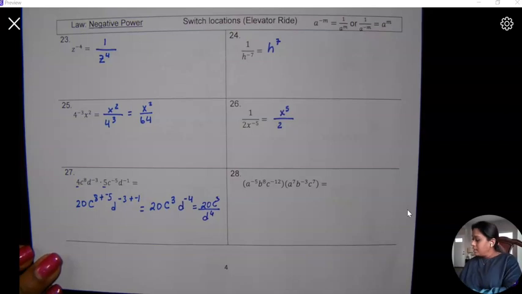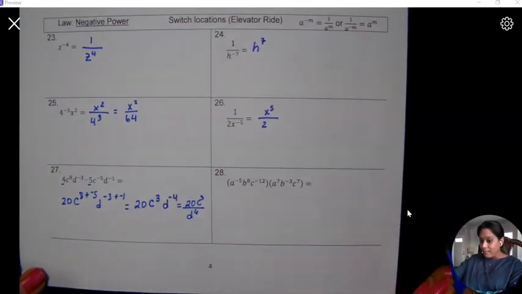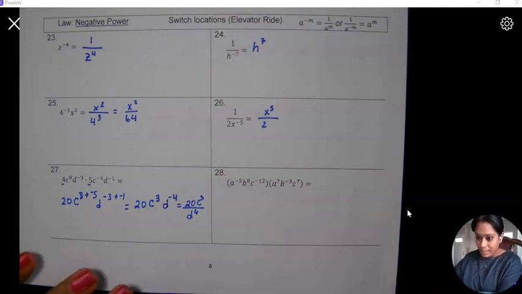Okay, the last example for all this negative stuff. Let's do the same thing here. We're going to combine the exponents with the same base, and then we'll clean it up later.